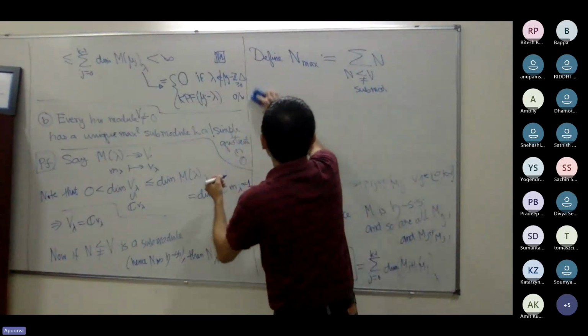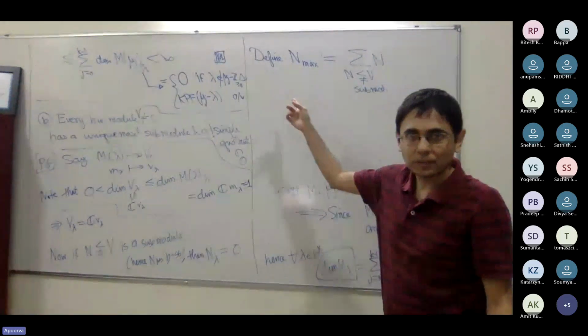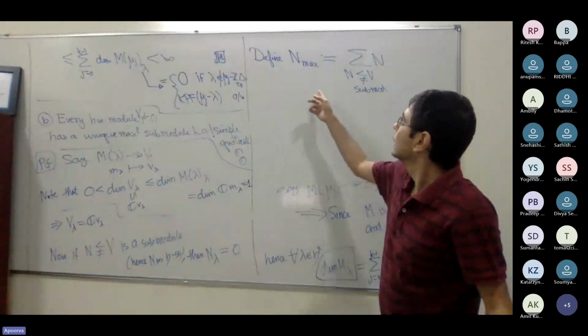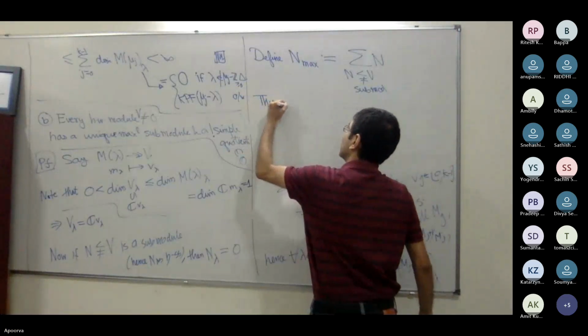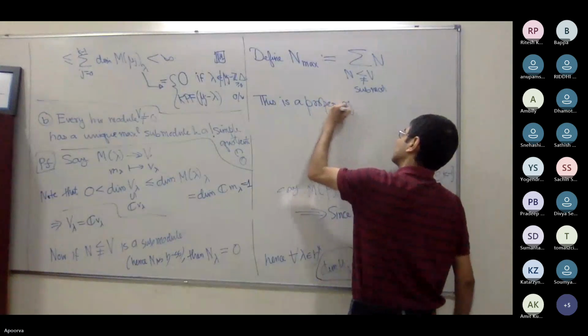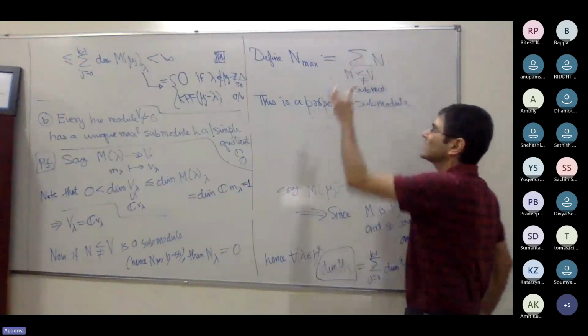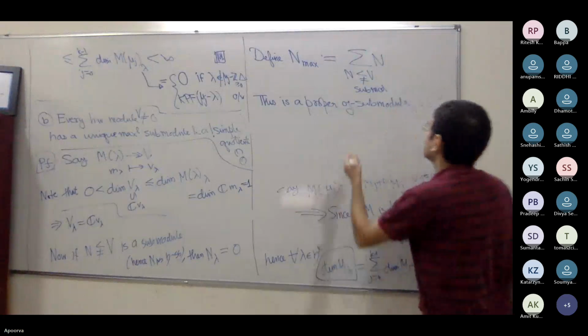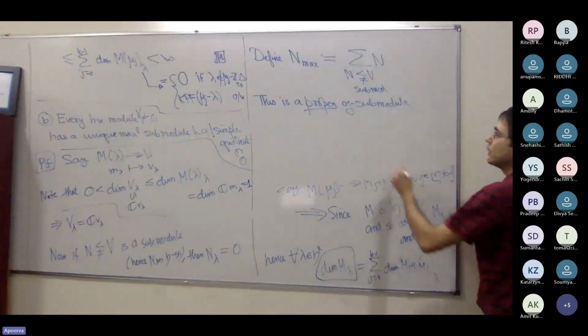Maybe I'll just say this, and you can check that there is nothing bigger. Sorry, I should say this is a proper submodule. The fact that it's a submodule is obvious. Why is it proper? Can anybody tell me why it's proper?